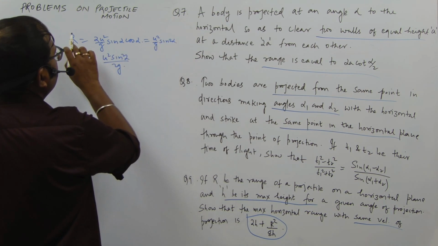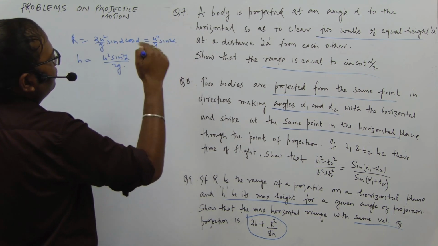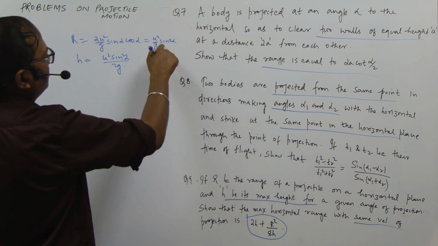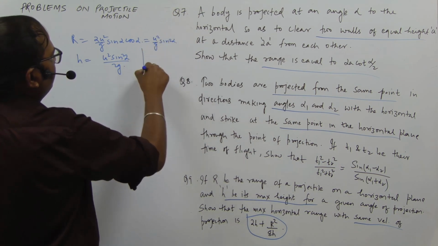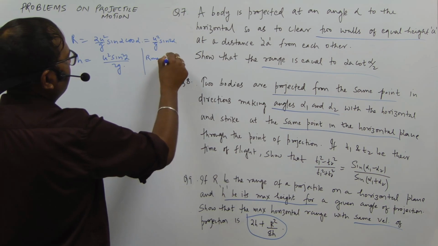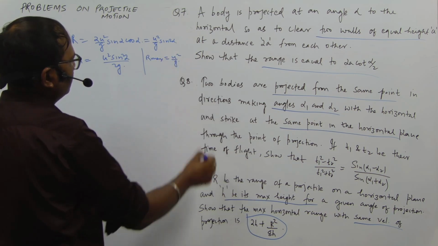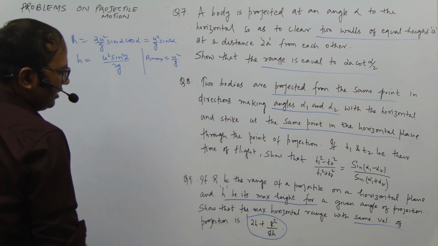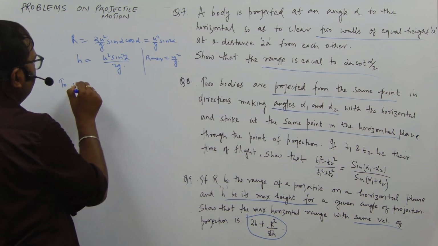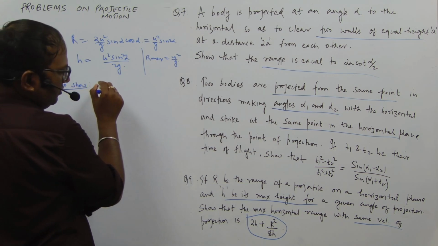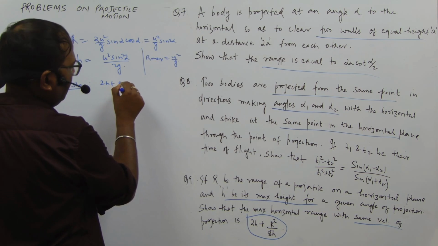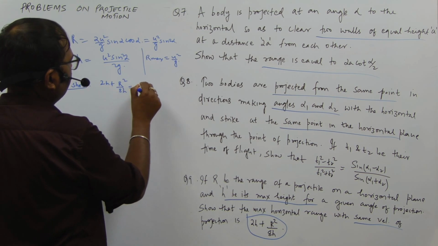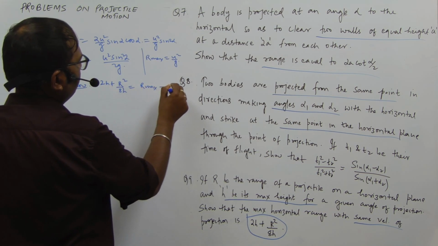R is maximum when sin 2 alpha is equal to 1, so R max is equal to u square upon g. So what we have to show is that 2h plus R square upon 8h is equal to R max, which is u square upon g.